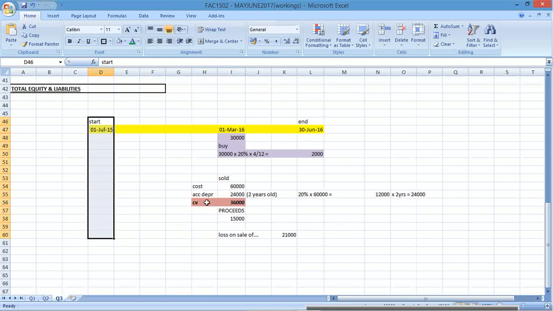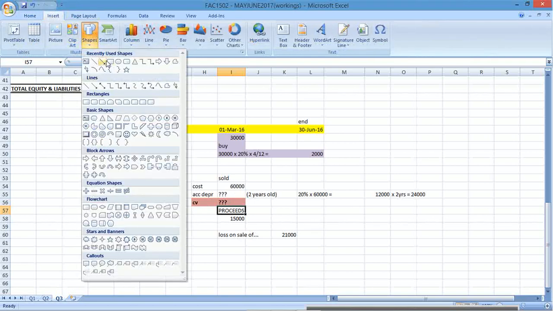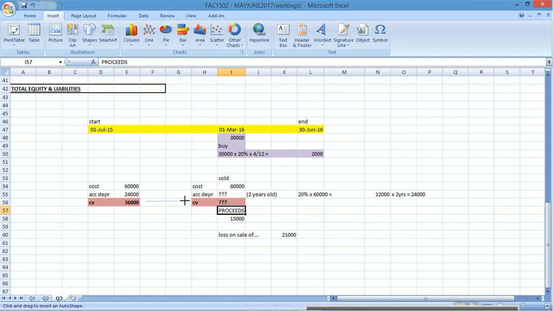That's a mistake. This needs to go here. Okay, that's what they said. So carrying value there was that amount. Okay, so then I need to move that forward for that period there.